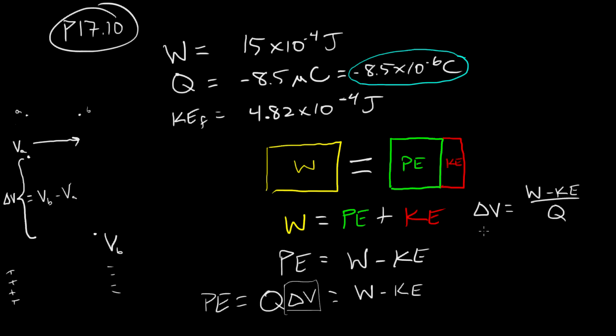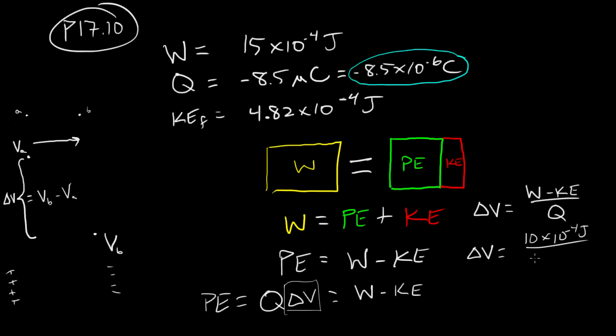Now we just need to plug in some numbers. So delta V is equal to, well look, these have the same order of magnitude, 10 to minus 4 joules. So we can just take 15 minus 4.8, that's about 10 times 10 to minus 4 joules on top.